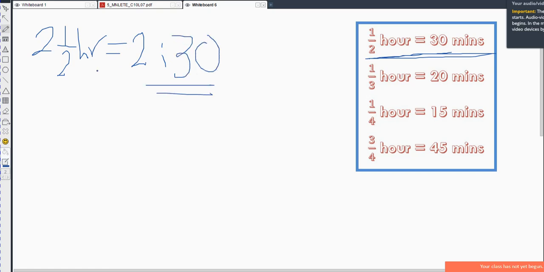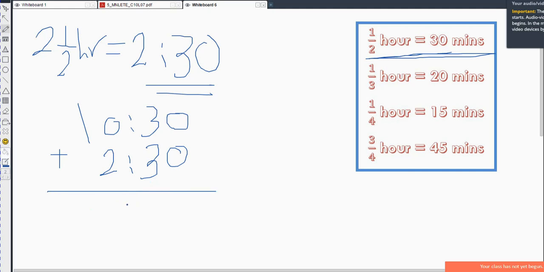If we want to add this to our time, which is 10:30, we add 2 hours and 30 minutes to get the time that Monica will finish her work. So 10 plus 2 equals 12, and 30 plus 30 equals 60.